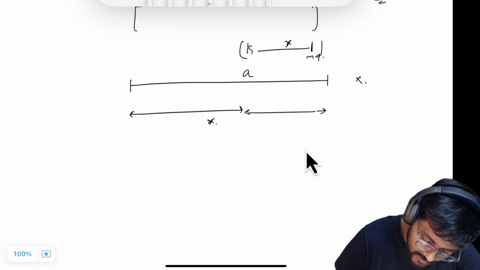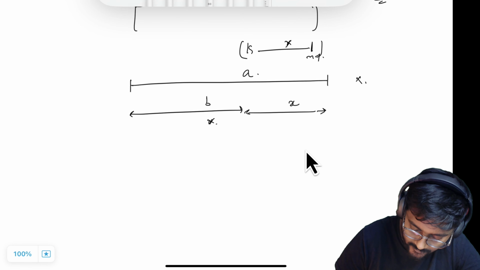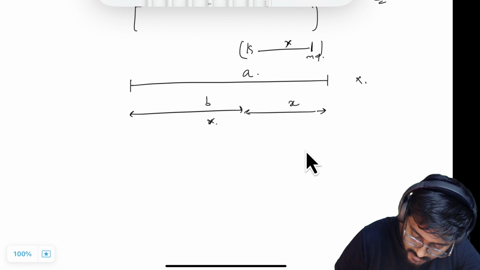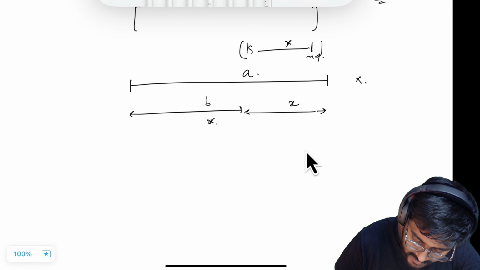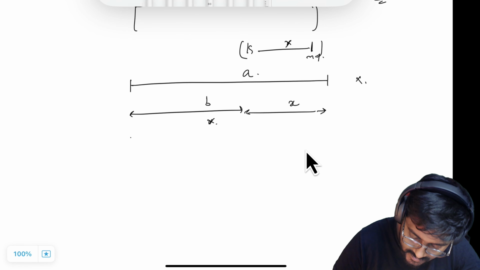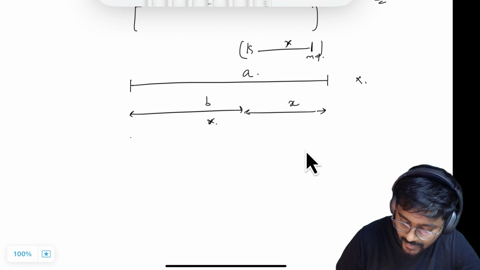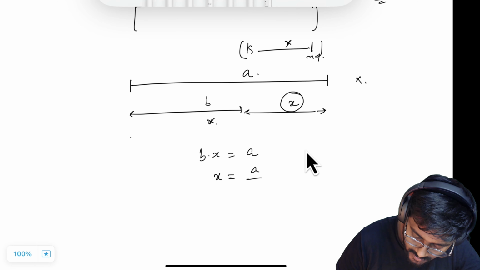Let's say this is A and this is B. This is something, let's say X, that we have to find out. A is the product of all the elements, B is the product of these many elements on the left side, and X is the product of the elements which we require. In this case, B into X will definitely be equal to A, and X is equal to A divided by B.